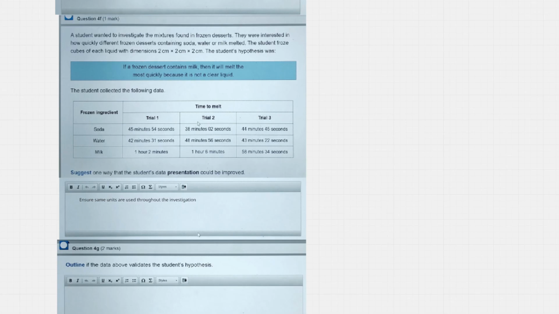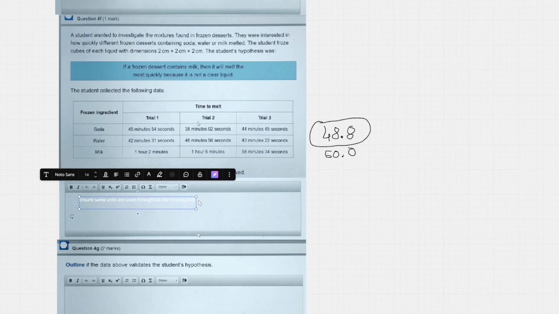And another one is that if you are given that something is being measured 48.8 and then you have a data value that's 50, you'd have to write 50.0 since you have established that the instrument can achieve a level of precision. So we will write that as well.